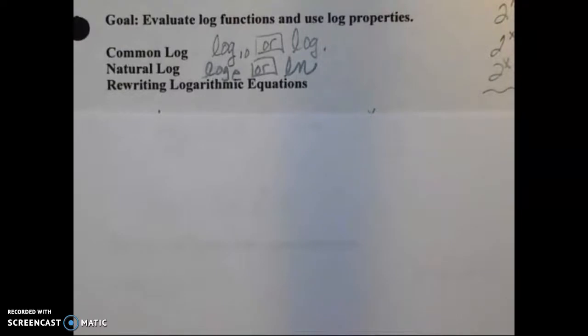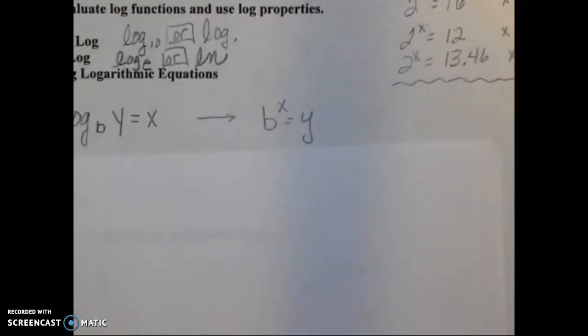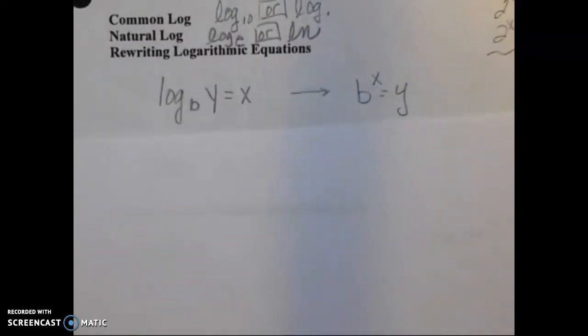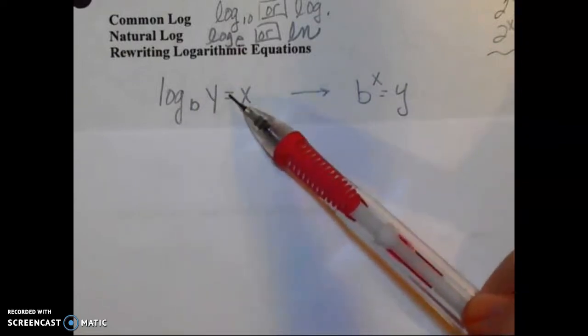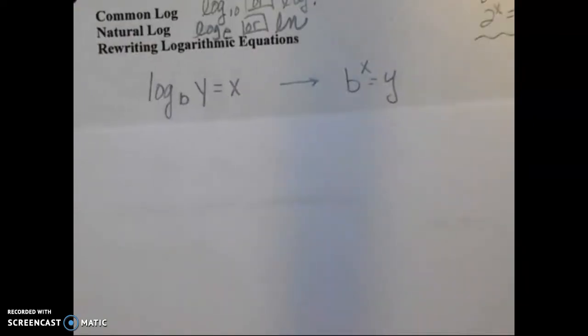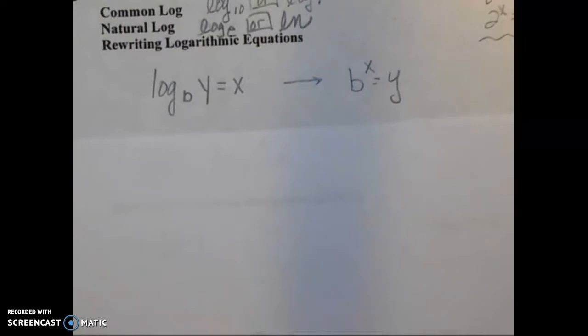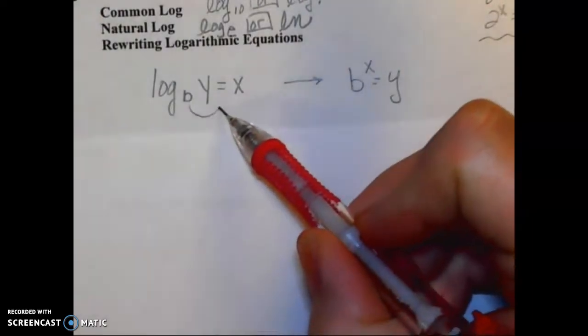We're going to start off with just rewriting log equations so you can see what it looks like in reference to exponents, because logs are essentially just exponents. So if you have some log with a subscript or a base of a number and that equals another number, we draw arrows. You're going to be doing this for the next couple years, so we're just going to get used to it today.